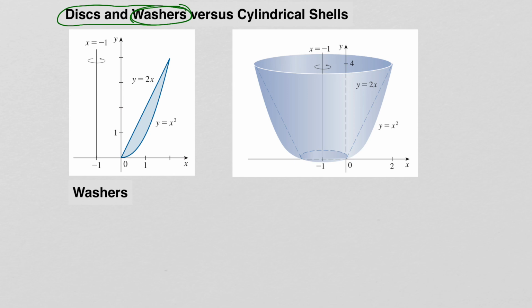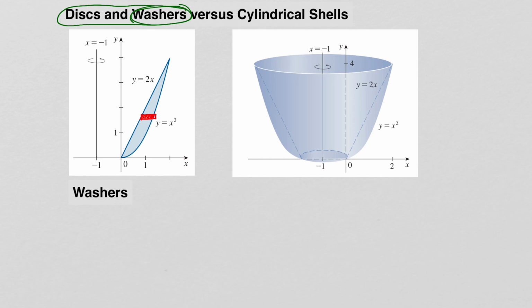So when you're using disks and washers, it's a completely different method, and it starts right in the beginning. So remember, for shells, we drew our rectangle this way. When you're using disks and washers, you need to draw your rectangle perpendicular to the axis of rotation. So if I pick a random rectangle here, it's going to be drawn sideways, not vertically.